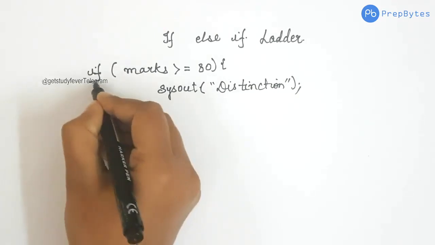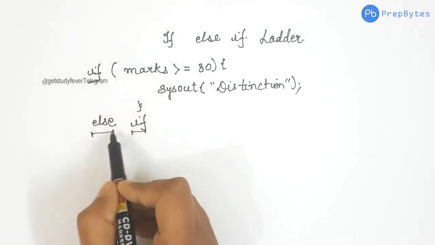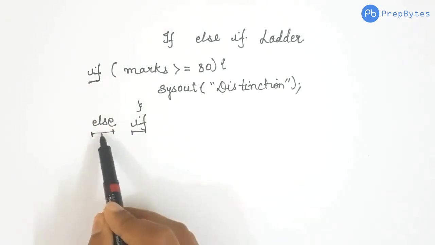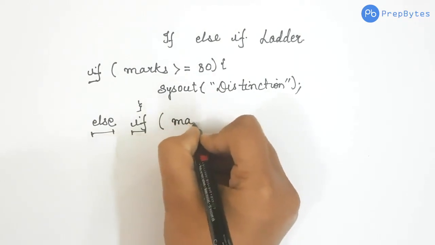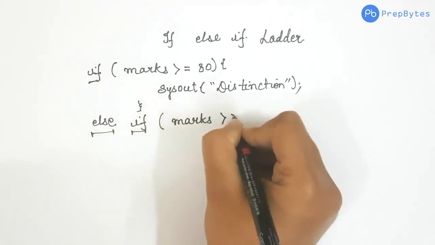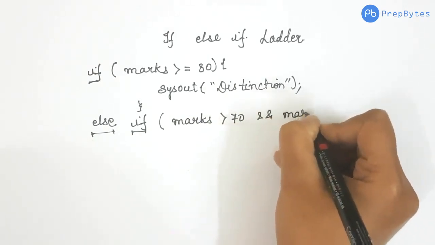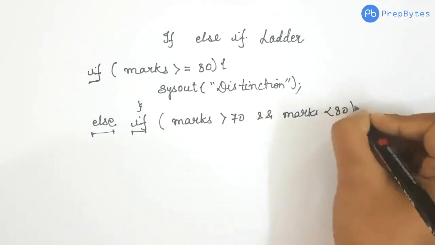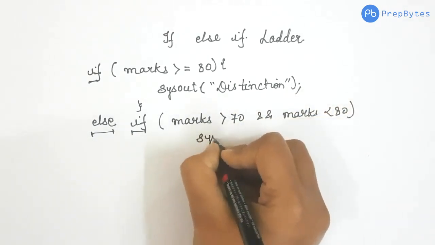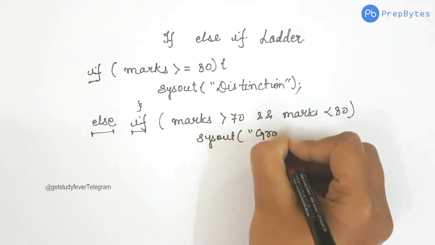So we have the if keyword here, and else and if combined. Obviously there's a space in between. We are using both of these keywords and we put one more situation, that if marks is greater than 70 and marks is less than 80, then I will sys out grade A.